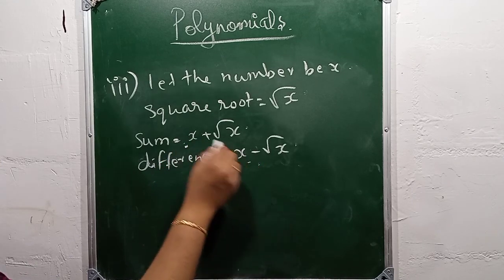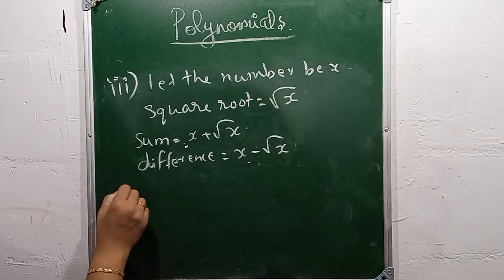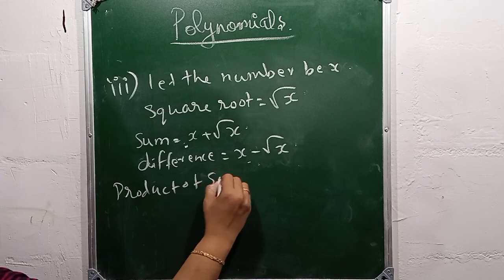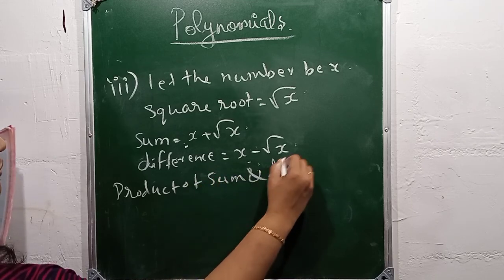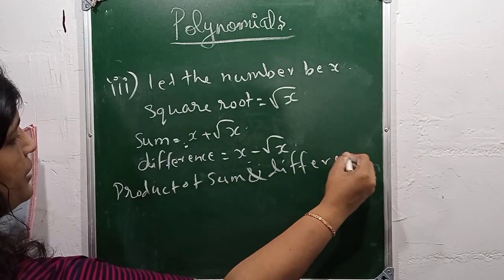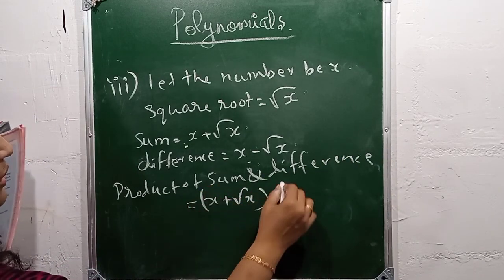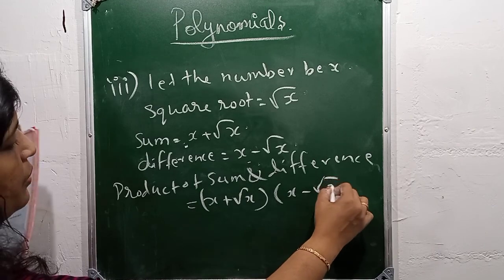Now we need to find its product. The product of the sum and difference is x plus root x into x minus root x.